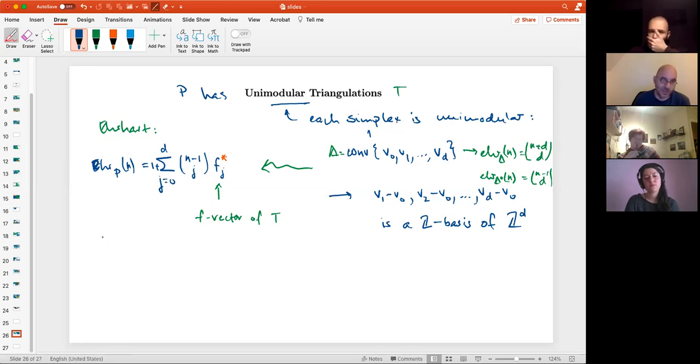And you can prove that the h vector of the triangulation appears as the h star vector. So the h star vector is the h vector of the triangulation.